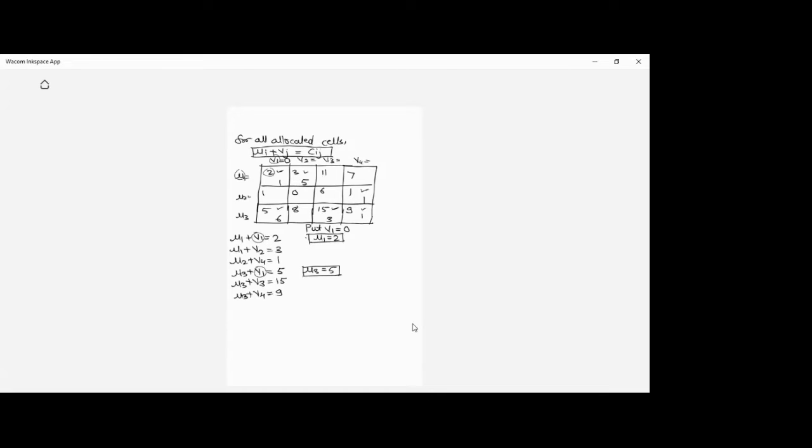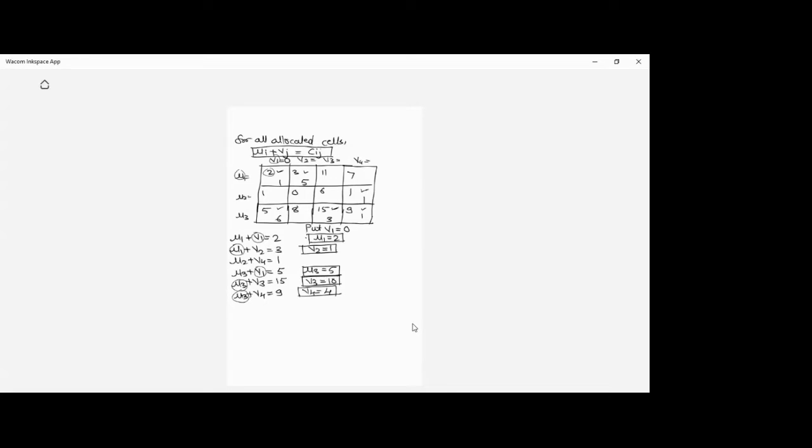Now that I have got u1 and u3 values, I can find some different values. Now I can put the u1 value in this equation and find the value of v2. So v2 is equal to 3 minus 2, that will be equal to 1, right? Similarly, I got the u3 value, so I can put the u3 value in these two equations. Now u3 is 5, so V3 I'll be getting as 10, and I'll be getting V4 as 9 minus 5, it will be 4.